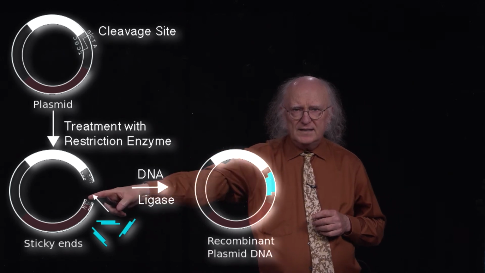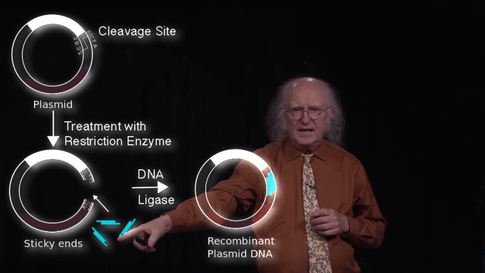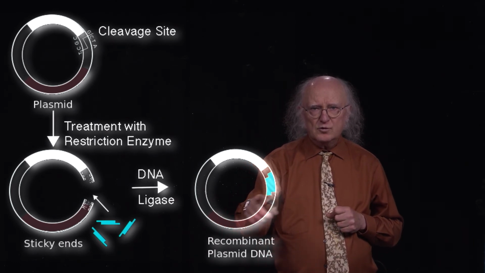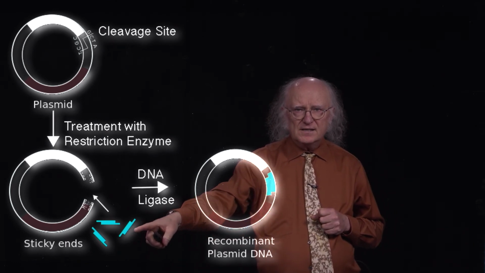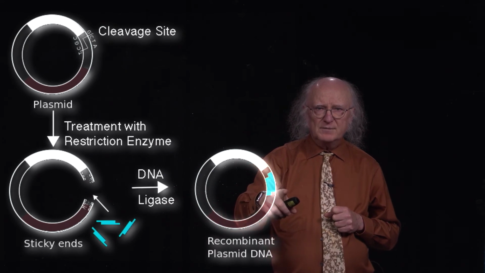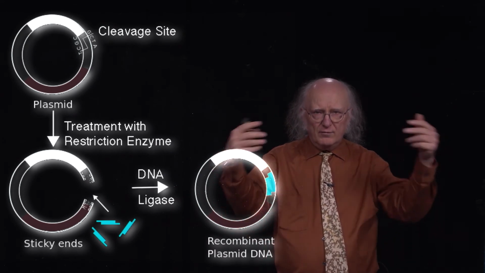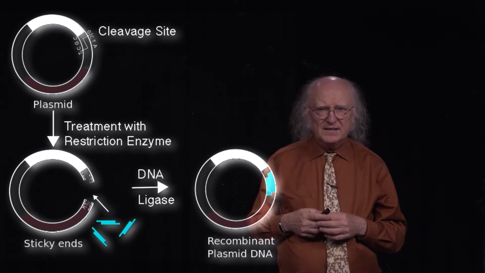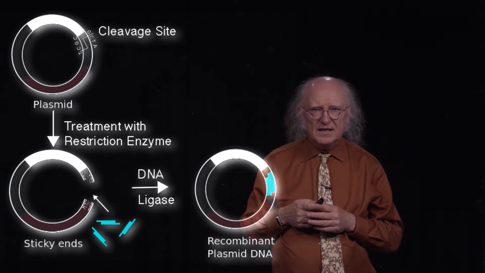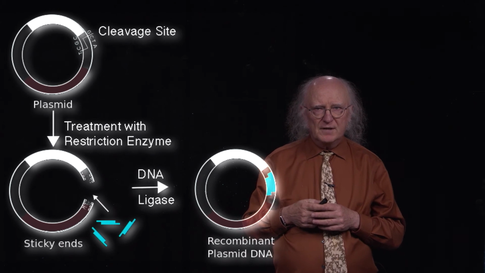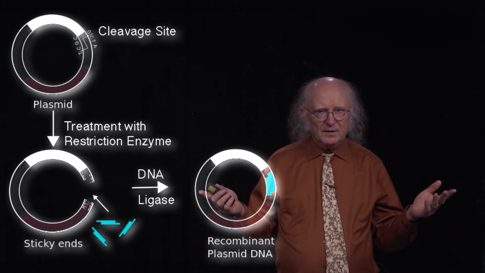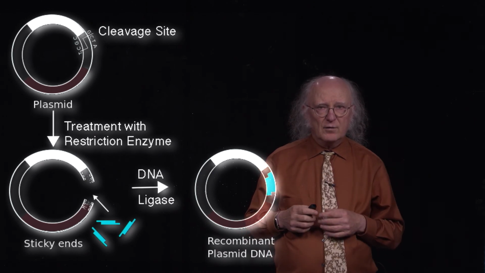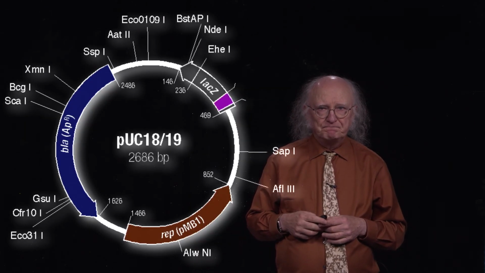However, if I put other DNAs in there using those overhangs that I talked about, I've now joined these guys down here with the plasmid sequences. I've recombined, I've put things together, and I've made a recombinant DNA. So when you hear about recombinant DNA, that's how it's made. It involves starting with a restriction enzyme and a plasmid, and then linking things together, as you can see here.